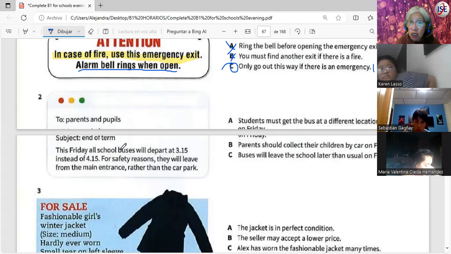B, parents should collect their children by car on Friday. C, buses will leave the school later than usual on Friday. So read very carefully and check the answers. Okay, check them before you say which one is the right option.